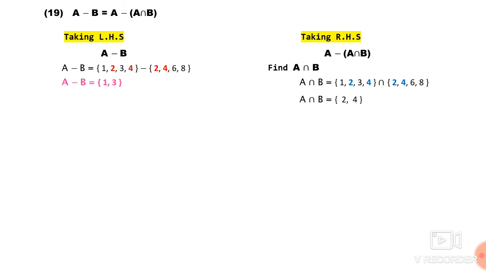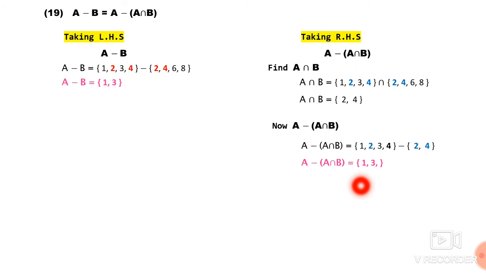Now finding the difference, write set A first, difference A intersection B. Cancel out the common elements and the set will have only 1 and 3. Here we can see the left hand side and right hand side are both equal. It means we have proved.